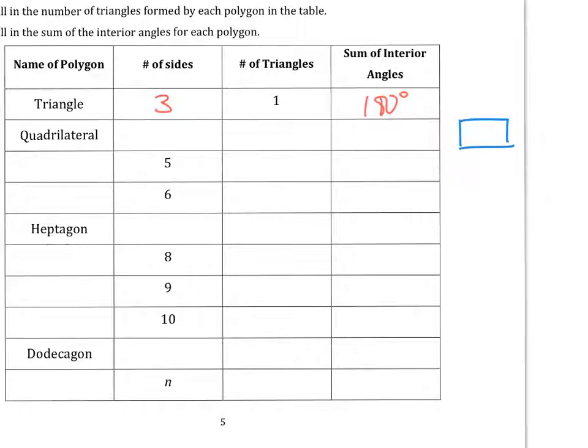I am going to draw a diagonal connecting two non-adjacent vertices. How many sides does a quadrilateral have? 4. When I create that diagonal, how many triangles do I have? 2. What's the sum of the interior angles of a quadrilateral if this one's 180 and this one's 180? 360 degrees.